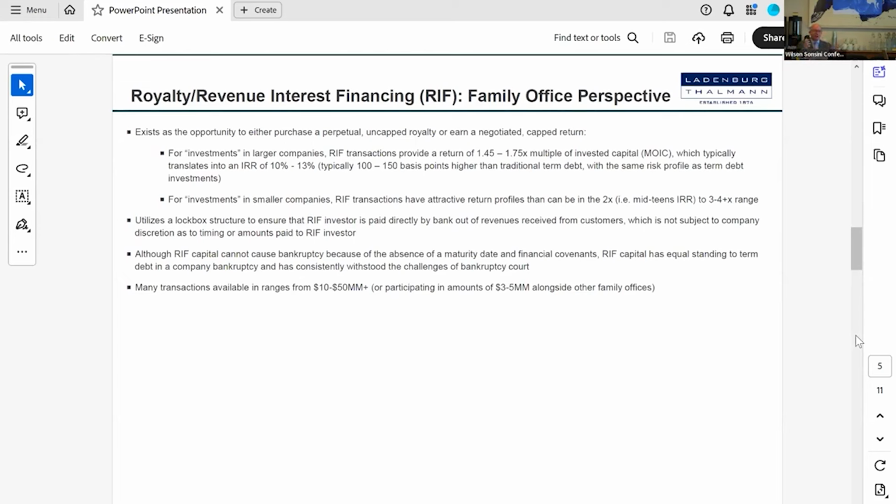LensCrafters thinks they're just paying into the normal company bank account at whatever bank they use. But this bank account is a segregated, separate account, just for the purpose of receiving these royalties, that has two sub-accounts, one for the RIF investor and one for the company.